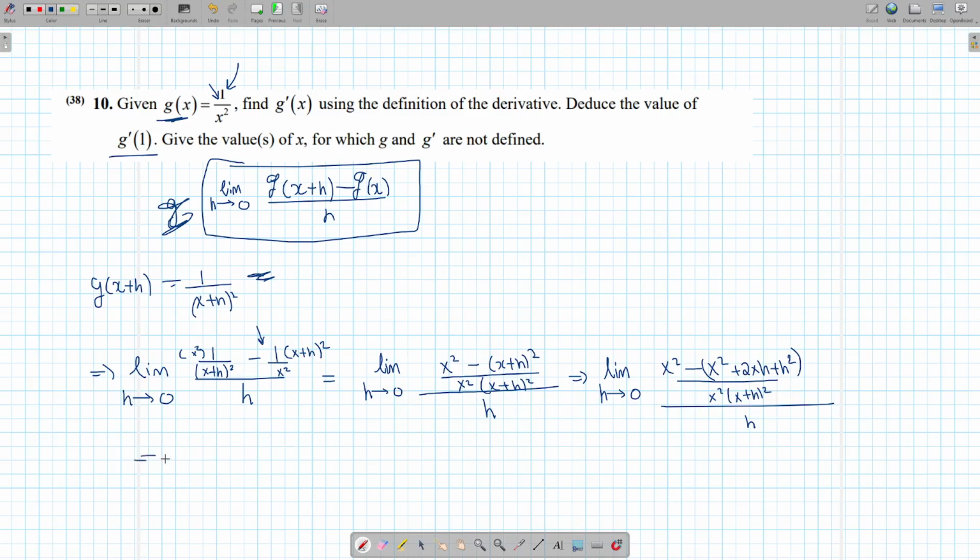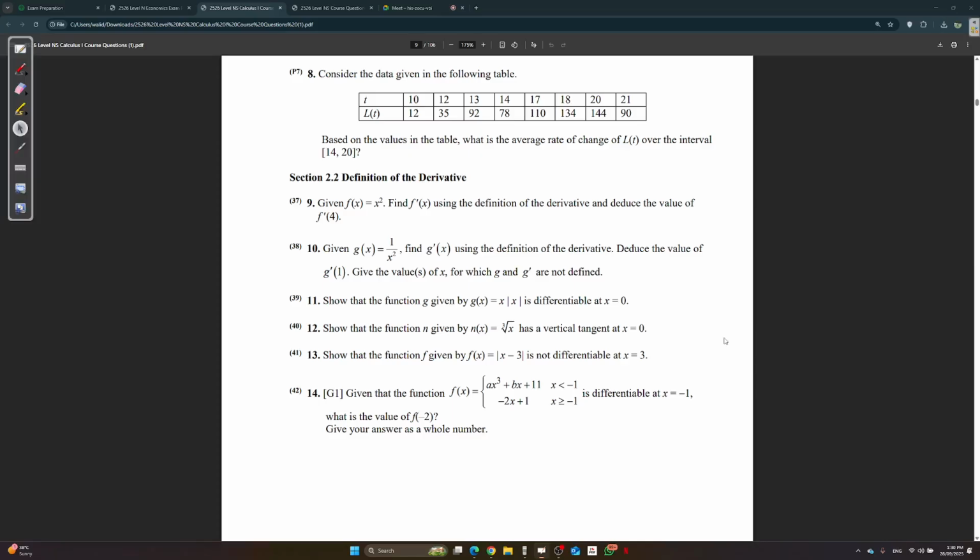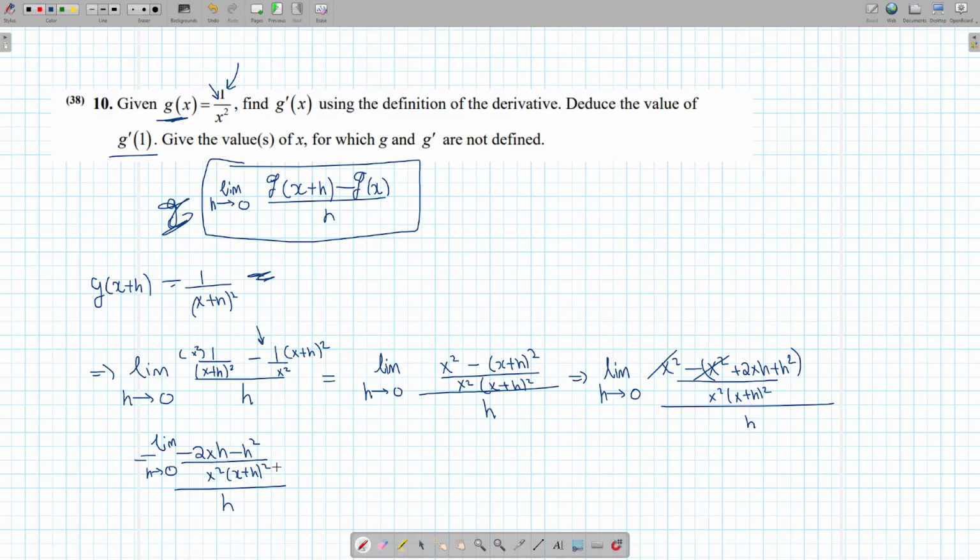Continue. x squared and x squared cancel, because x squared minus x squared. So you're going to be left with minus 2xh minus h squared over x squared, x plus h squared, all over h. Don't forget limit as h approaches 0. So now you need to figure out how to continue simplifying this.